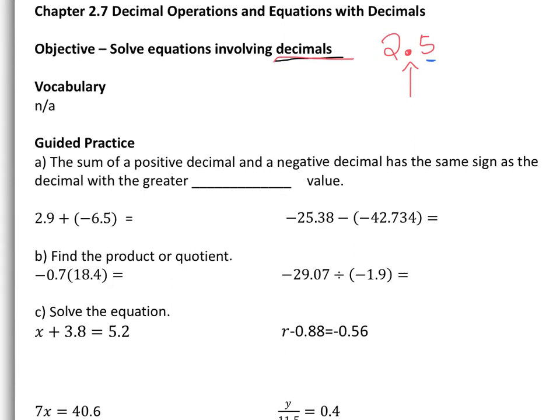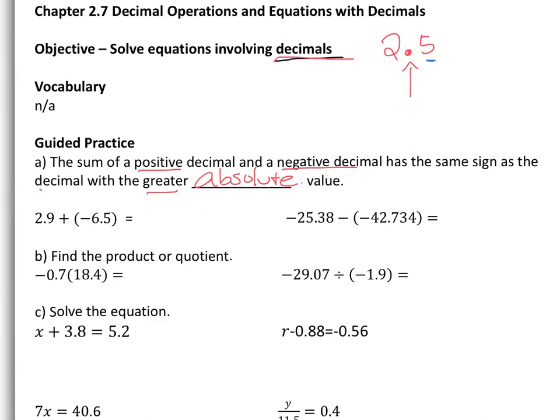Guided practice, Part A. The sum of a positive decimal and a negative decimal has the same sign as the decimal with a greater absolute value. So this takes us back to an earlier lesson involving adding positive integers and negative integers.